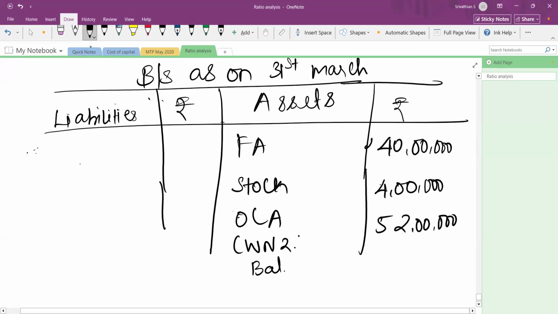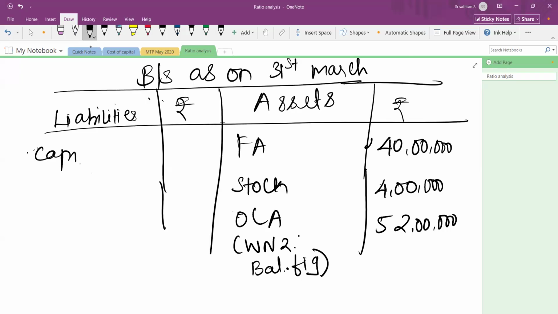Stock is 4 lakh. So balancing figure. So liability side, what do we have? What is 16 lakh? Capital 32 lakhs. How 16 lakhs?